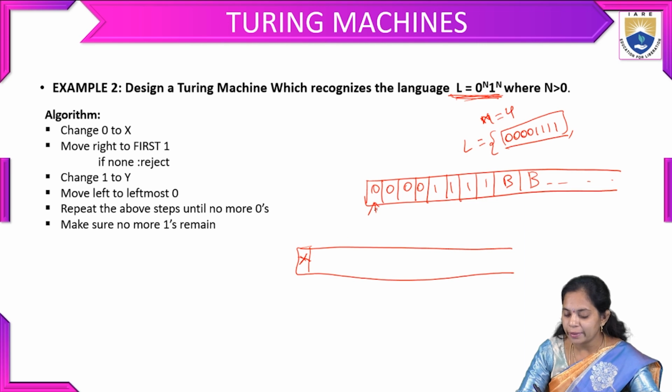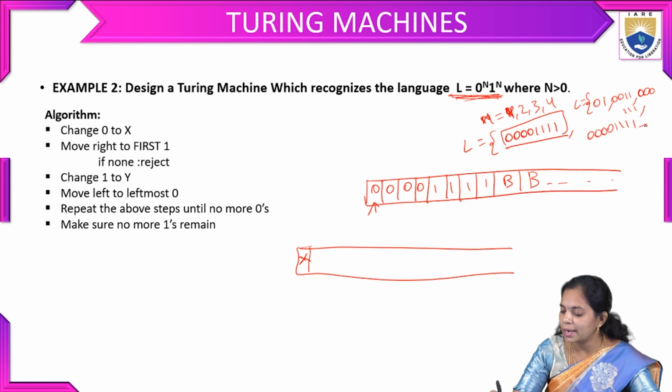So here, the language has a minimum length: n greater than 0, so n is equal to 1 onwards. Suppose n is equal to 1, 0 1 is the string, n is equal to 2, 0 0 1 1, n is equal to 3, 0 0 0 1 1 1, and n is equal to 4, 0 0 0 0 1 1 1 1.